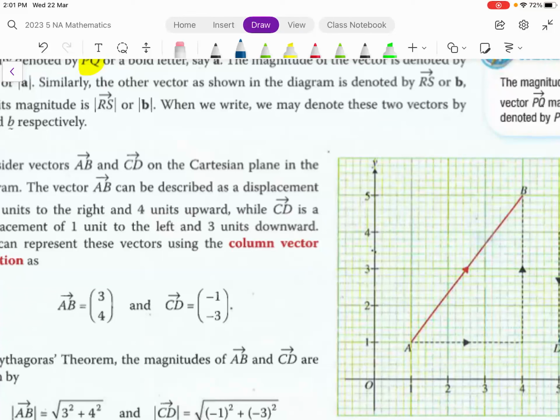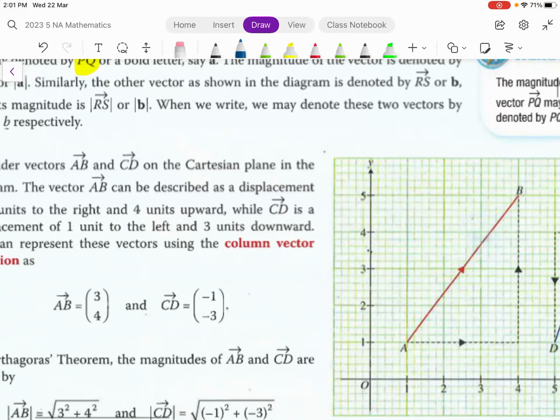Actually, what does that mean? -1 to the right means 1 to the left. So when you see a negative sign over here, it means 1 unit to the left. That's all that is. And this one over here, -3 units upwards, just means 3 units downwards. So to go from C to D, it means from point C, I travel 1 unit to the left and then 3 units downwards. Let's get the diagram. There.